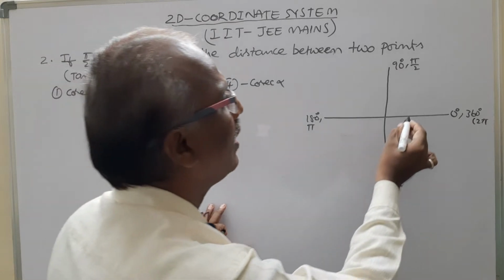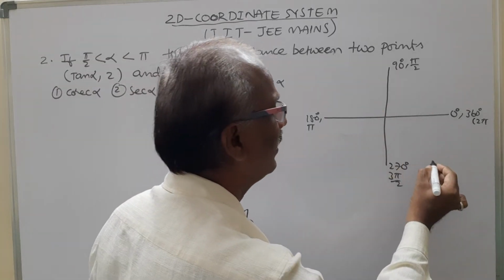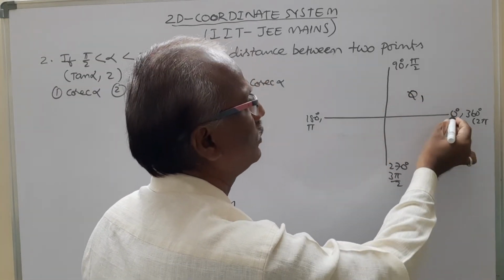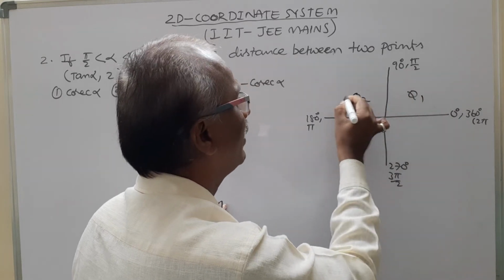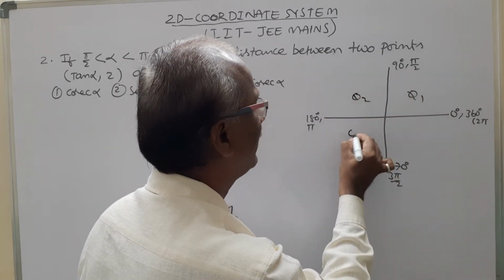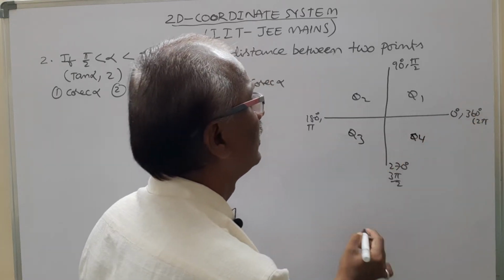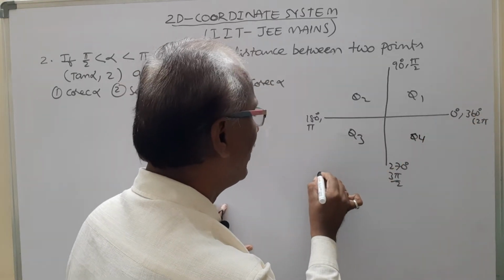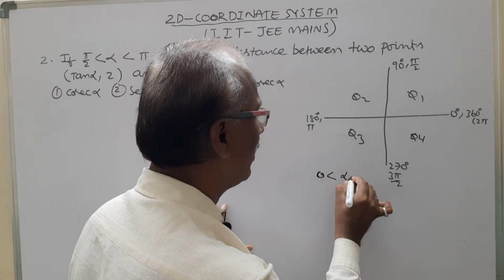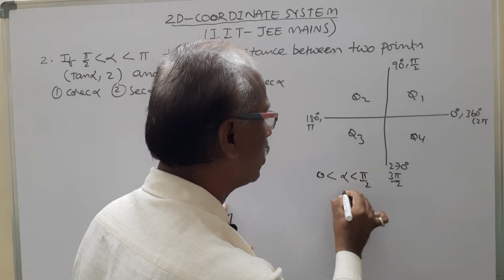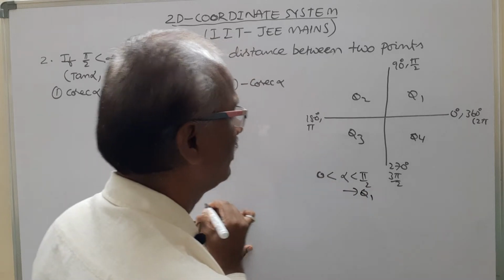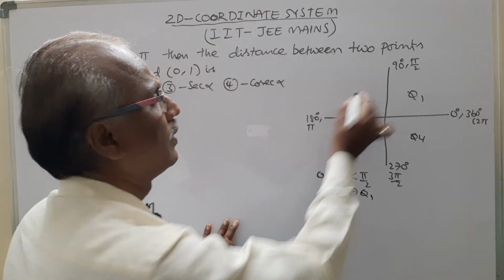If alpha is the angle, this is Q1, the first quadrant, 0 to 90 degree; 90 to 180 degree is Q2; 180 to 270 degree is Q3; 270 to 360 degree is Q4. If 0 is less than alpha less than pi by 2, this belongs to Q1.